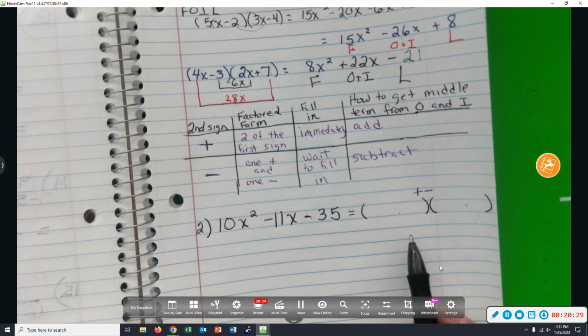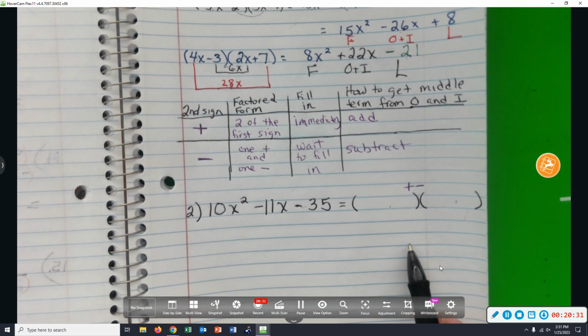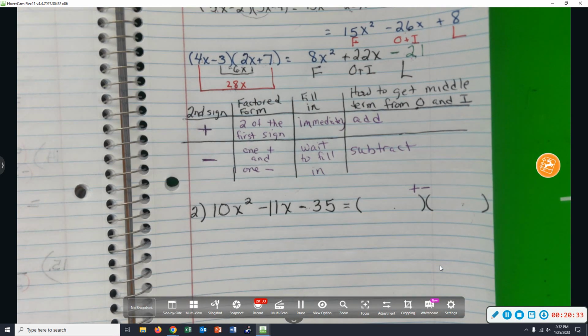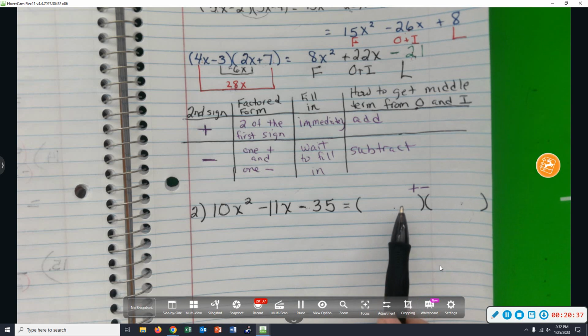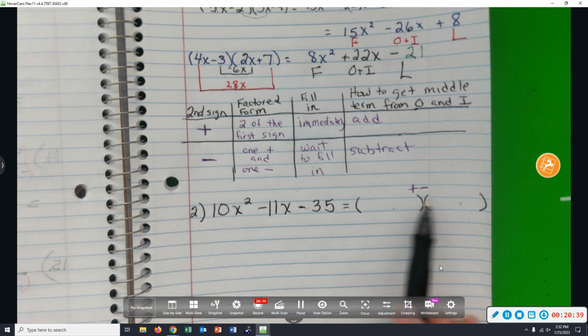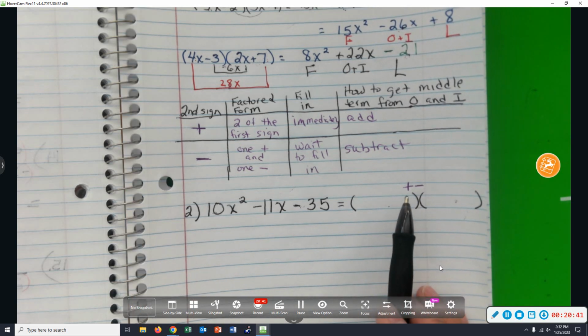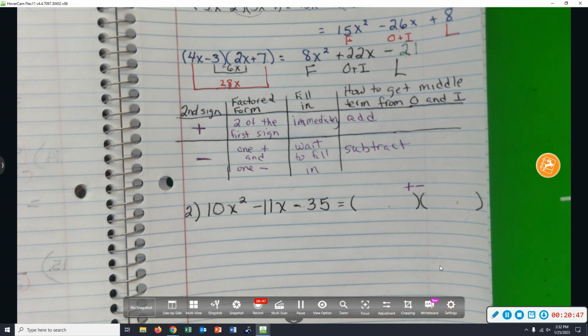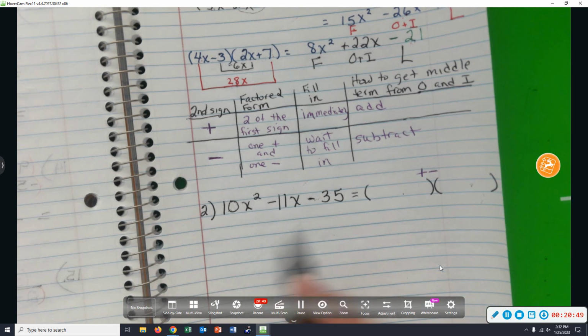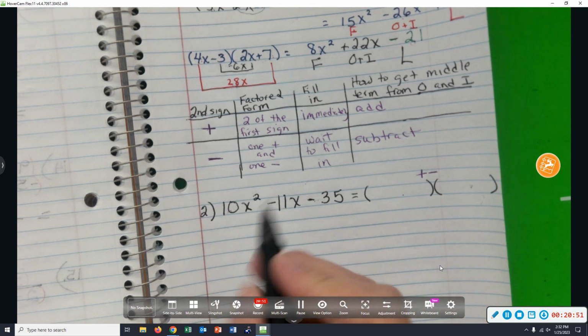What are some numbers that multiply together to give 35 that you know from your multiplication tables? 5 and 7. More than likely, there's going to be a 5 and a 7 right here. One of them positive, one of them negative. But you don't know which one. So here's what I'm trying to show, the thought process. I'm going to start with the first number.